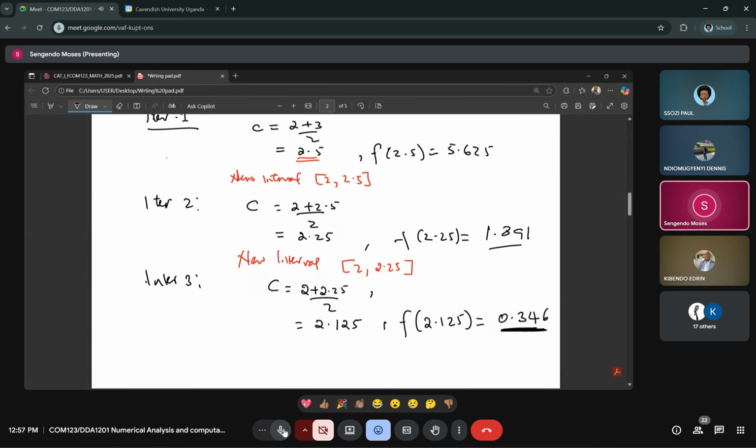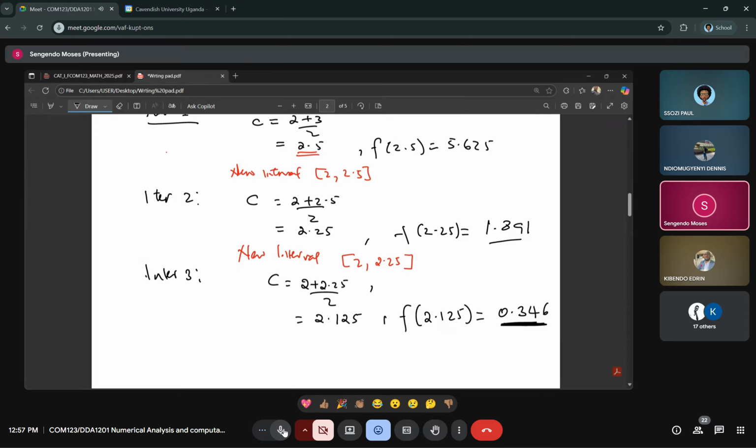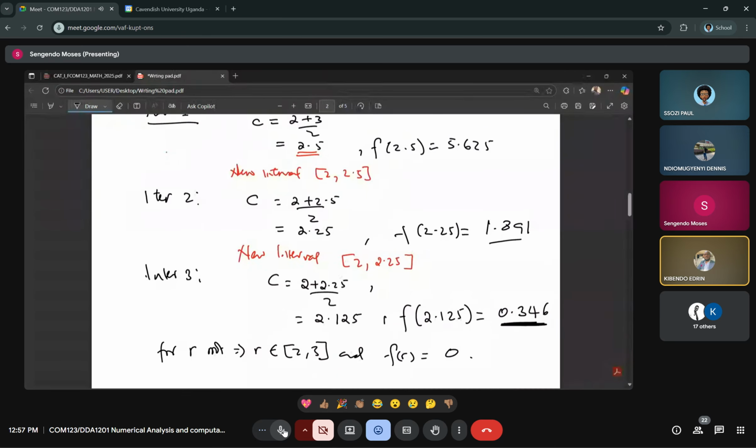Remember, for R to be a root, R should be in the interval that we stated, and R should give us 0. So we have observed the 0. That means probably that is an approximate root, if that is the interval that we are to stop at.